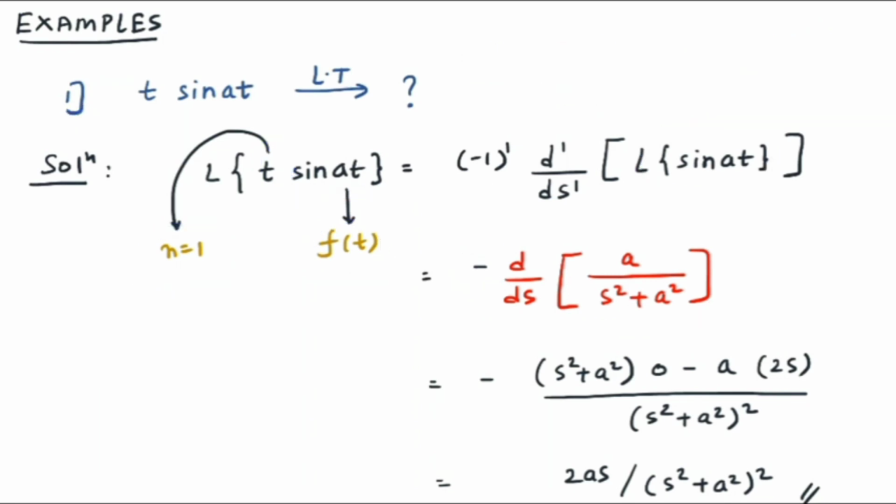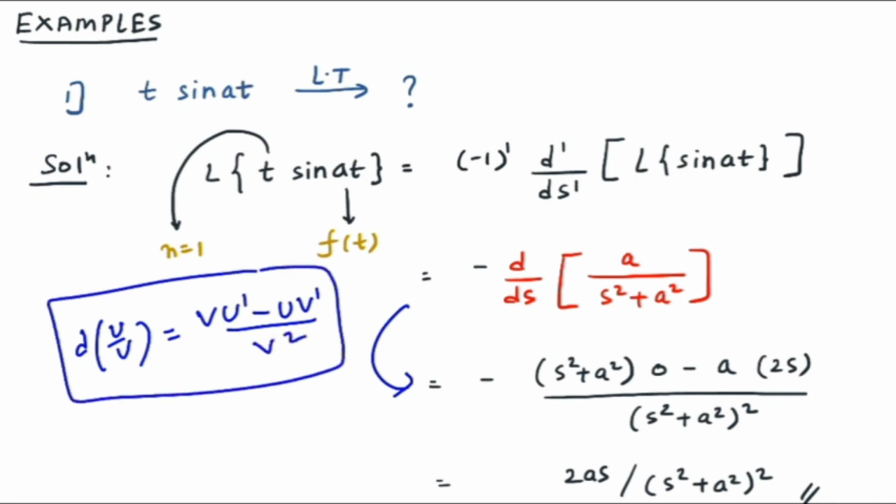Now the next step is the calculation part. Whenever you have differentiation of u by v, the rule is you have to write the answer as v into differentiation of u minus u into differentiation of v, upon v square. So I guess you know the derivative rule. If the derivative is u into v, it's simple: u into differentiation of v plus v into differentiation of u.